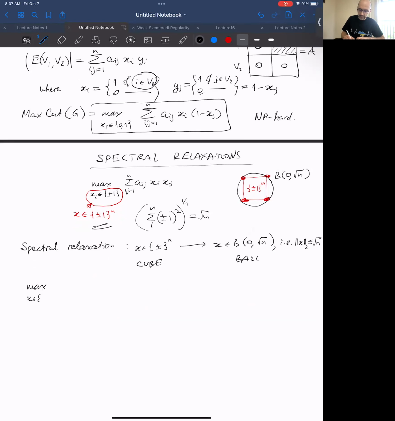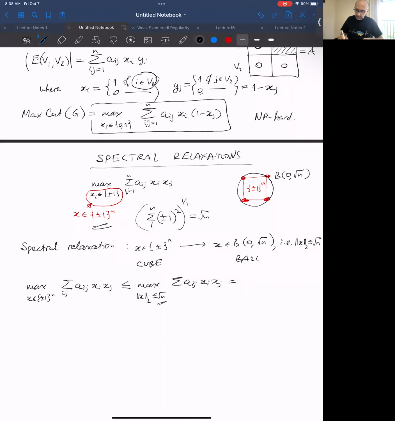Okay, let's see how this works. Obviously, just from the fact that the ball is larger, it is obvious that the value of the maximization can only be larger. Agreed? This is just obvious because we increased the set over which we maximize. Nothing really happened here. The root n is just a normalization factor.